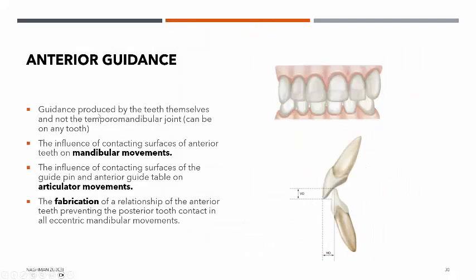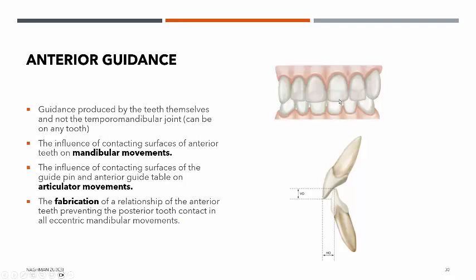Anterior guidance. Guidance produced by the teeth themselves and not the temporomandibular joint can be on any tooth. The influence of contacting surfaces of anterior teeth on mandibular movement. Like in normal condition, upper teeth overlap the lower anterior teeth in such a way that it should not be more than half of the overlap.